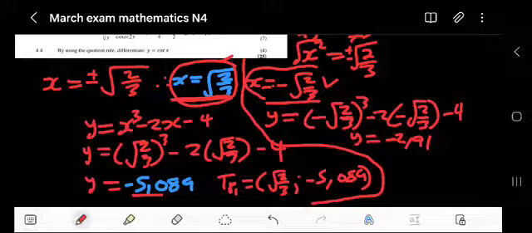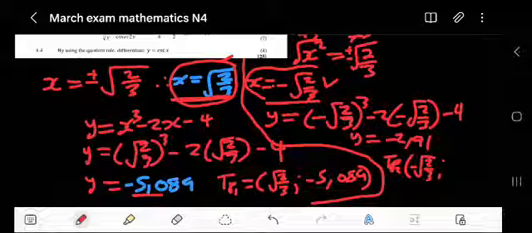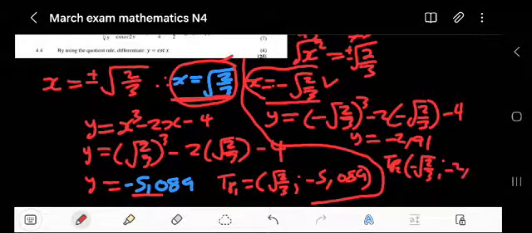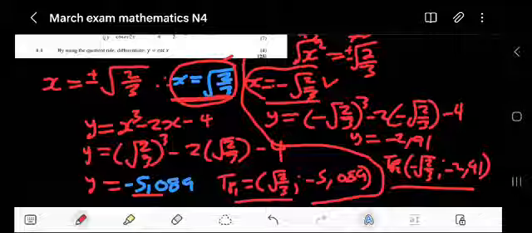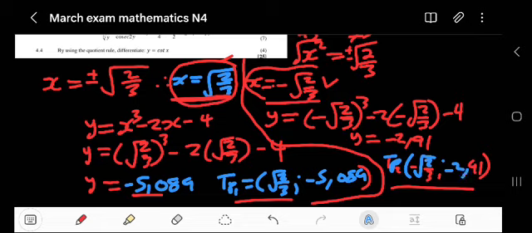That means turning point 2. Our x value here is the negative square root of 2 over 3, and the y coordinate will be negative 2.91. So we have these two turning points, the coordinates of the turning points.